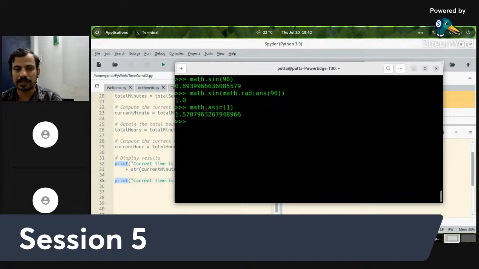Sine inverse of 1 is 90 degrees, but here I am getting it as 1.5 radians. Tell me, how can I make the result come in degrees? So math.degrees and then in brackets math.asin. Try, try. Both of you try and see that your result should be 90 degrees.